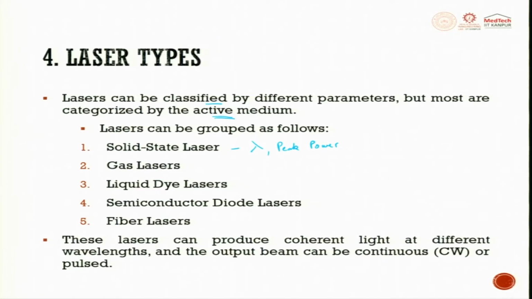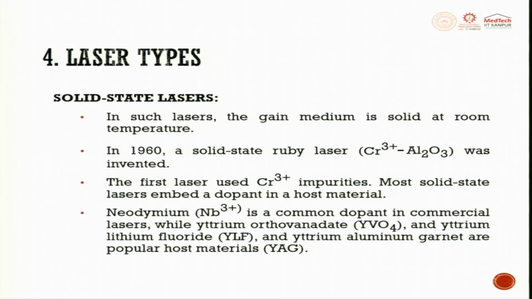The laser can finally produce coherent light at different wavelengths, and the output beam can be either continuous or pulsating. This is taken care of by Q switching and mode locking facilities which are added to the system. In a solid state laser, the gain medium is solid at room temperature.